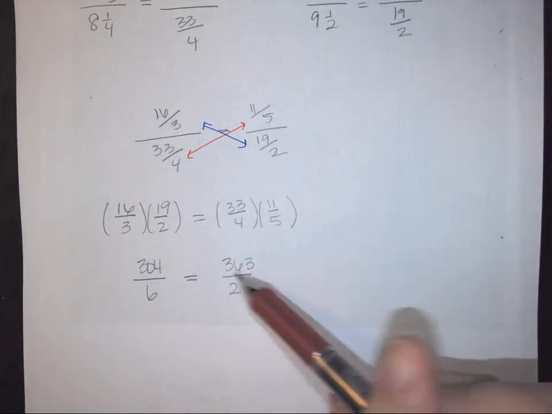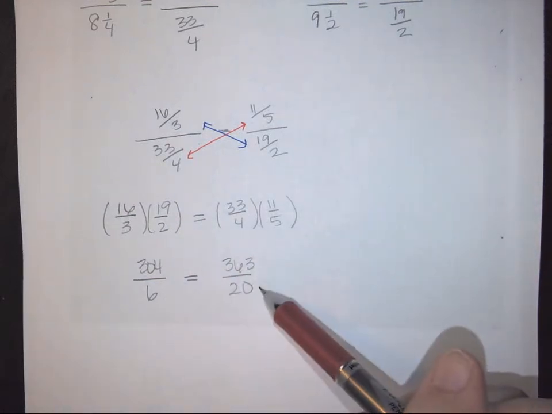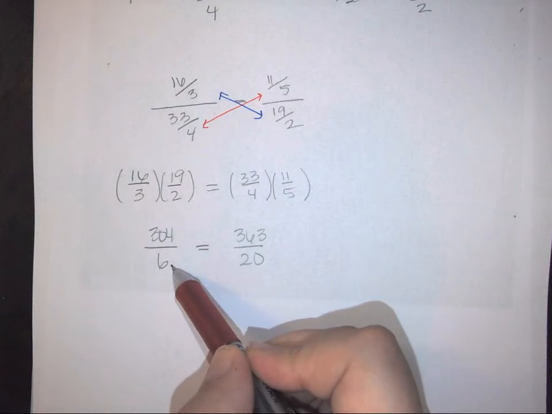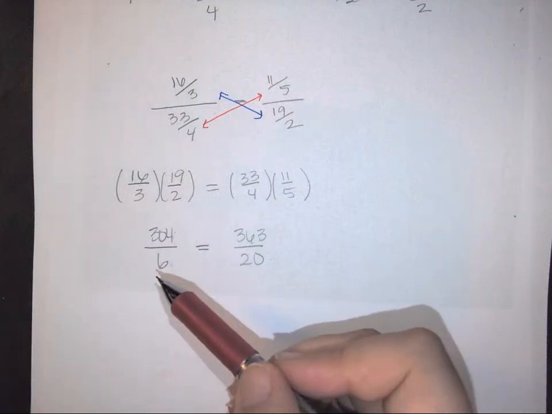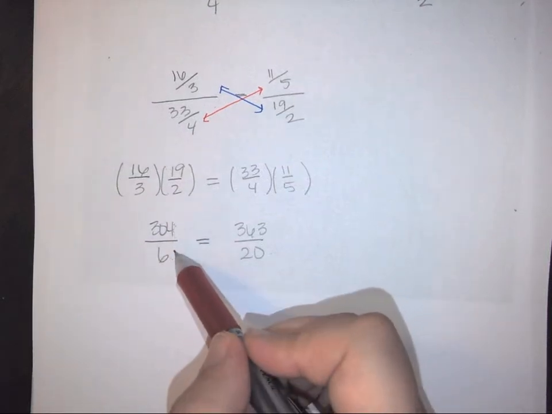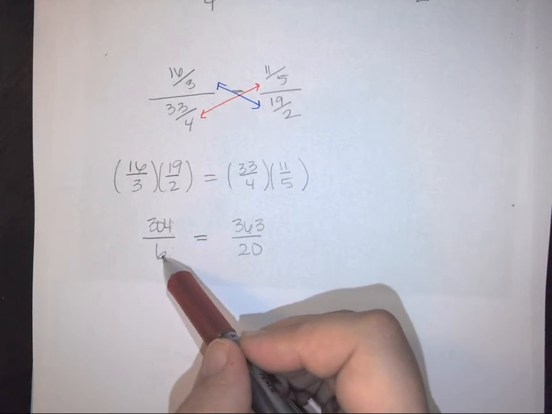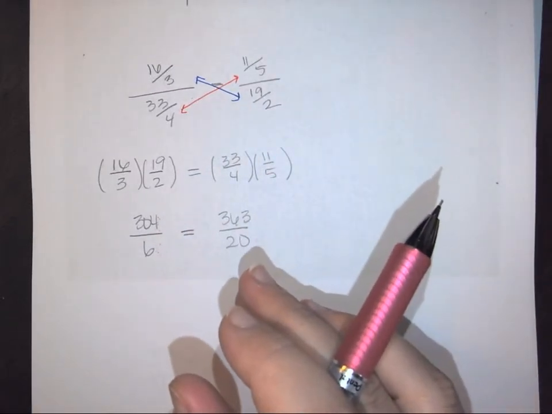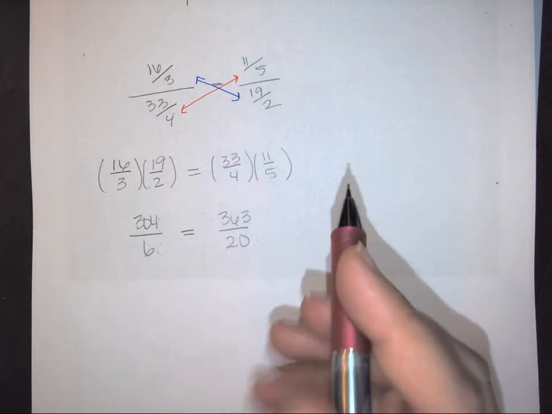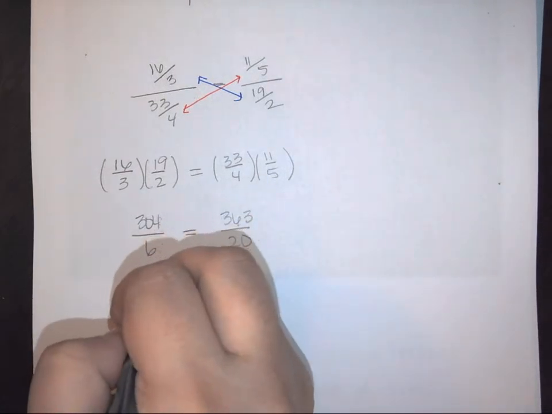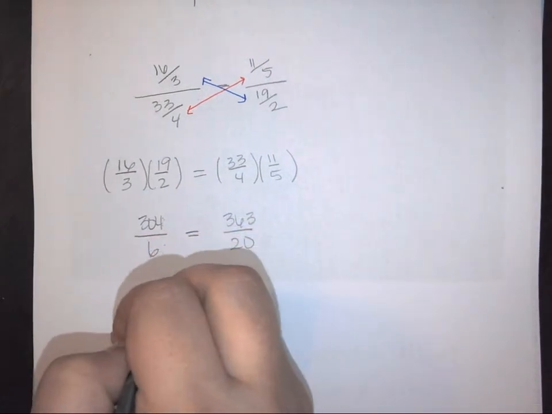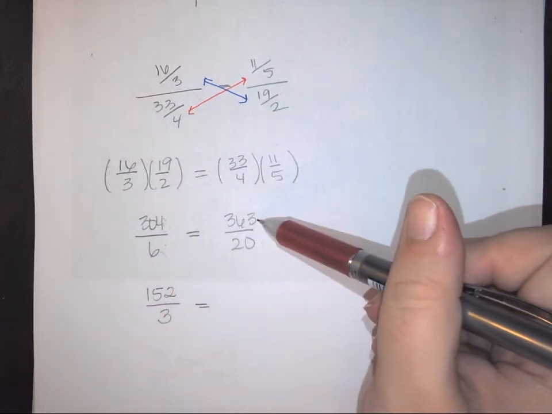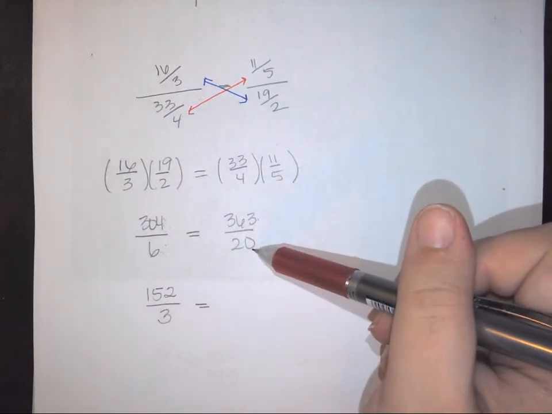And then what you do is you would look to see if these can reduce down to the same fraction. So we have 304 and 6. One thing I know that can come out of both of these is an even number. I can divide a 2 out. 304 divided by 2 gives me 152 over 3. On the other side, I have 363 and 20.